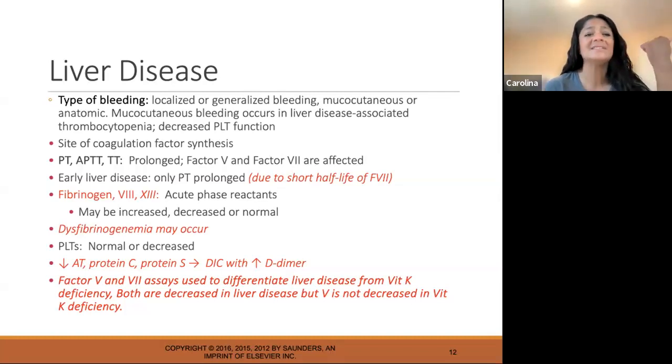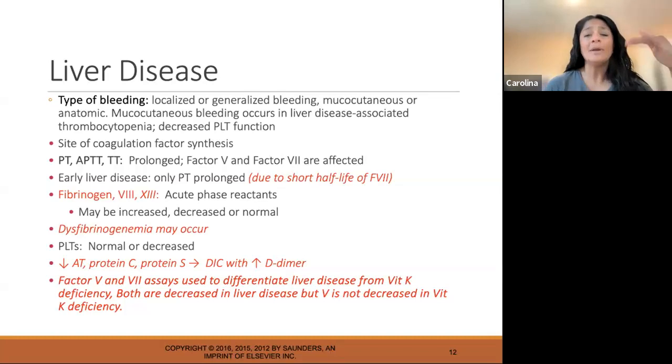In liver disease, dysfibrinogenemia may also occur, and this is a dysfunction of fibrinogen. The platelets may be normal, may be decreased. There's also a decrease in antithrombin, protein C and protein S, okay? This can also lead to the activation of DIC, in which you will see an increase in the D dimers.